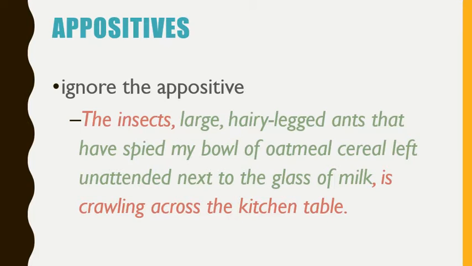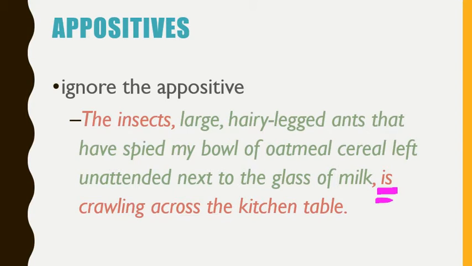Let's read this sentence here. The insects, large, hairy-legged ants that have spied my bowl of oatmeal cereal left unattended next to the glass of milk, is crawling across the kitchen table. So we have this long appositive in the middle, and by the time you get to the verb "is," you forget where the subject was.